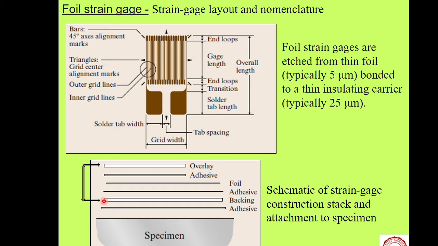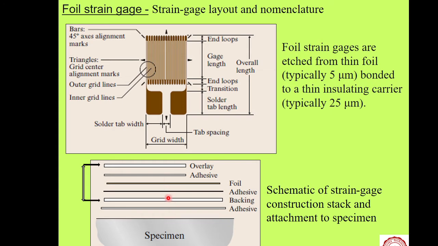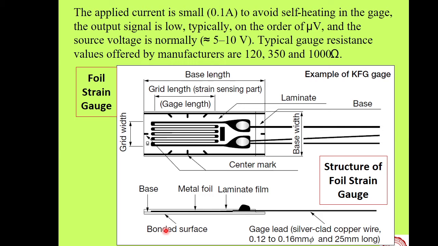And then on the site on the specimen for which we are going to measure the strain, we have to fix this strain gauge by applying another adhesive. This is clear? This is the specimen on which this strain gauge will be mounted. This is the bare strain gauge. So, this is the whole thing. Okay, right.